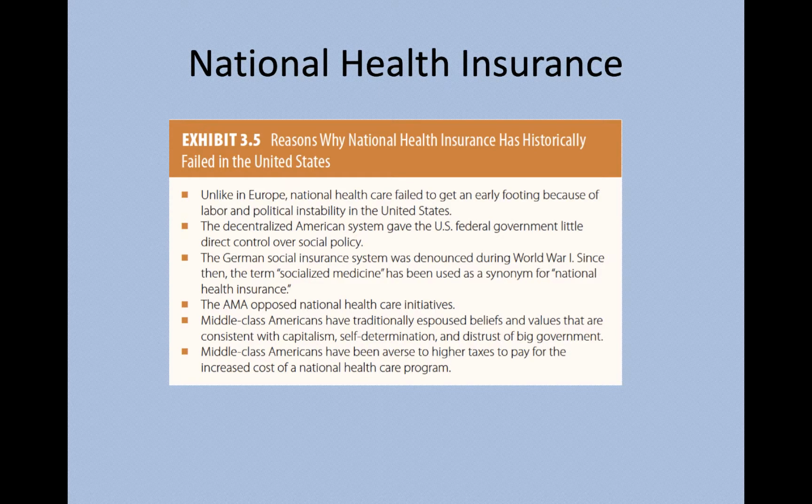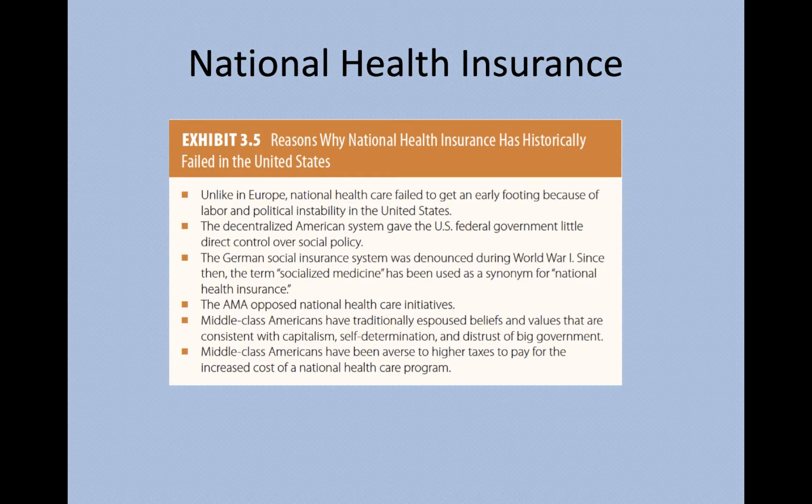Unlike Europe, national health care failed to get an early footing in the United States because of labor and political instability. So we had some political instability, remember the Great Depression, and even before that. We also started to decentralize the American system.